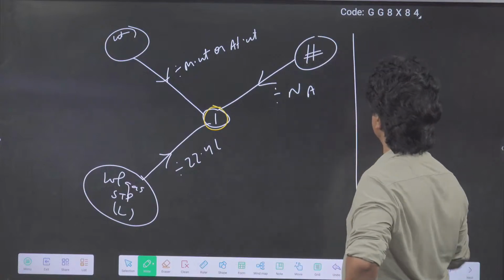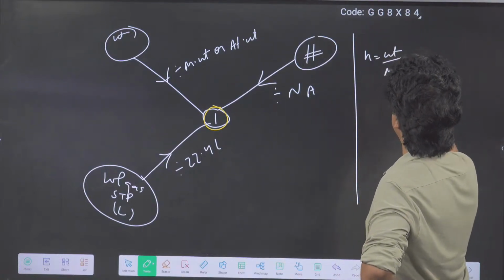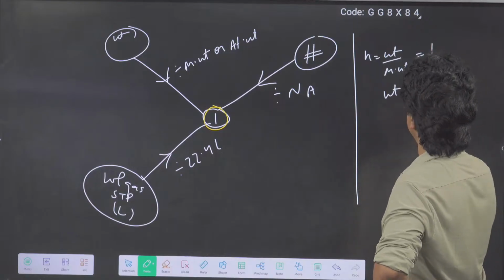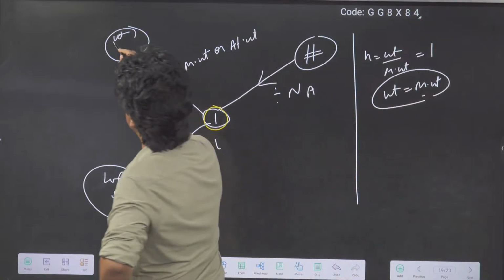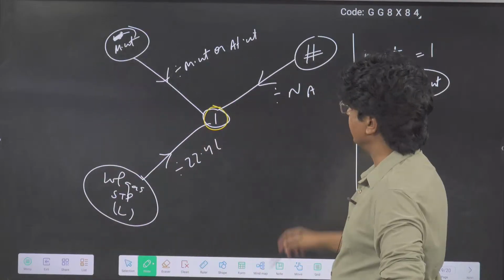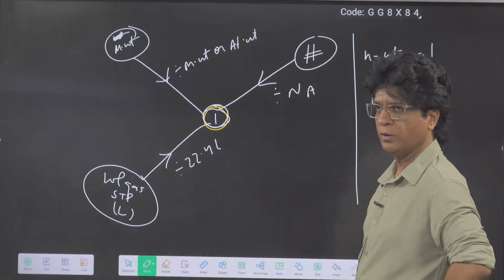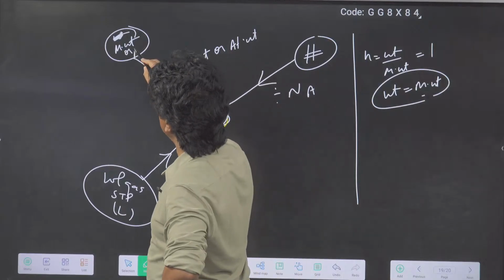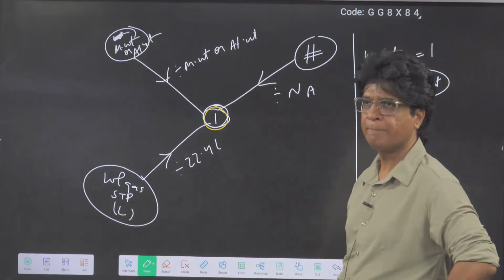That means if you want number of moles, weight upon molecular weight, to be 1, in that case weight should be equal to molecular weight. That means if I take this weight equal to molecular weight, I'll get 1 mole. Yes or no? Right, good. And if it is an atom, I should take atomic weight. Yes or no?